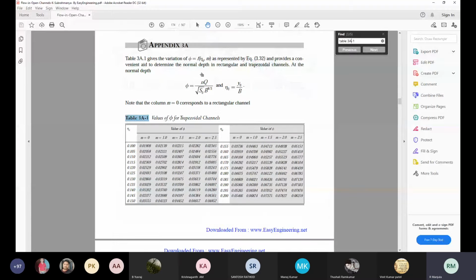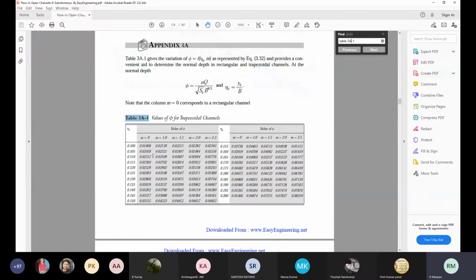Phi is a function of eta naught and m, and it gives you the normal depth in rectangular and trapezoidal channels. So phi is equal to a function of n into Q divided by square root of S naught B raised to 8 by 3, and eta naught is y naught by B. Y naught is the normal depth, B is the breadth of the channel. When it is a rectangular channel, take m is equal to 0. Otherwise, m represents the side slope 1 in n.